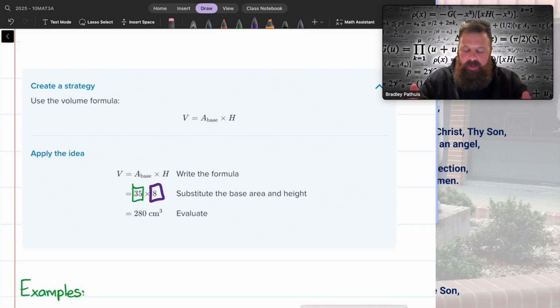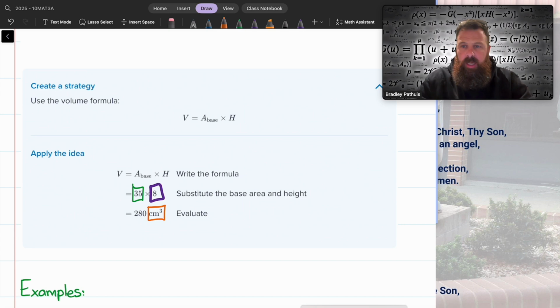Then I multiply them together, and finally write our answer, whatever our calculator gives us, and focus on what the units are. We have centimeters cubed, because we're talking about three dimensions.